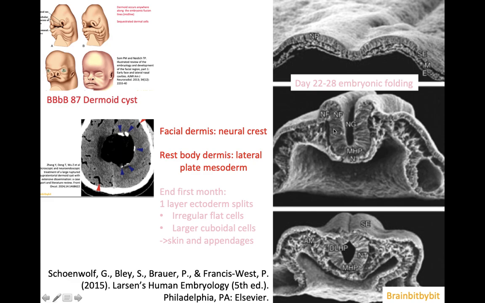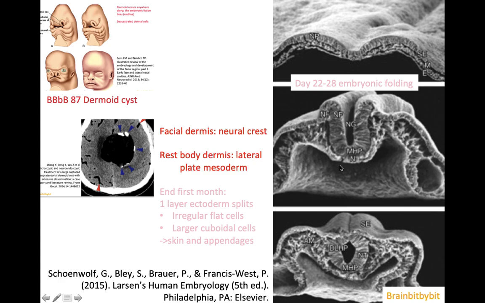You can see the closing of the neural tube, and the edges of the neural tube are the neural crest cells. And it is important to realize that the facial dermis is derived only from neural crest cells, whereas in the rest of the body the dermis is derived from lateral plate mesoderm. So that's the reason why dermoid cysts occur much more in the head and neck region.